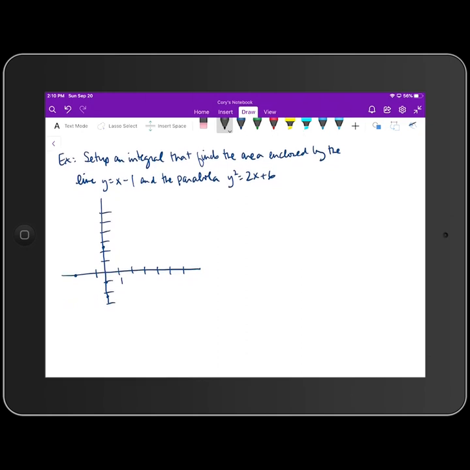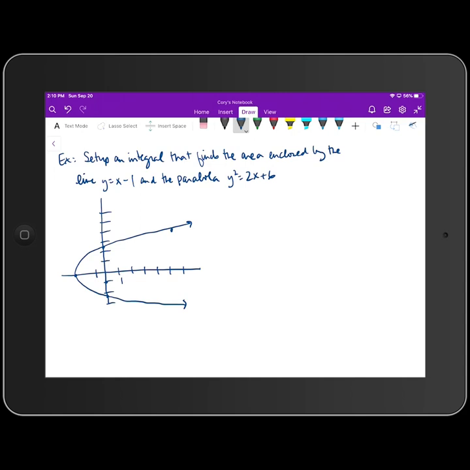Okay, so when you graph, you should have found the graph to look something like this. So that parabola y squared is equal to 2x plus 6 opens to the right.